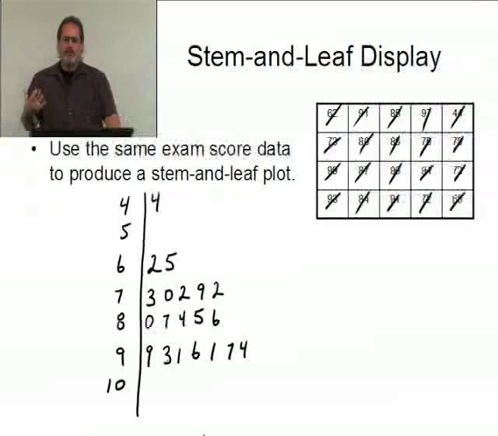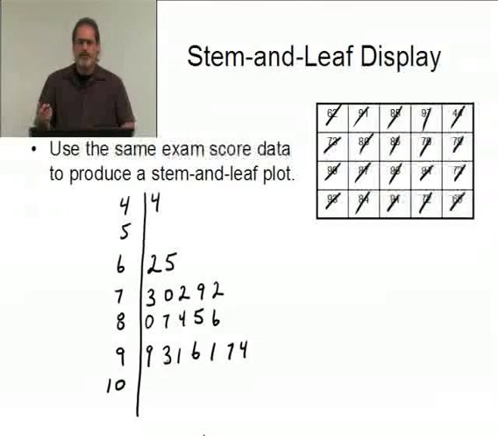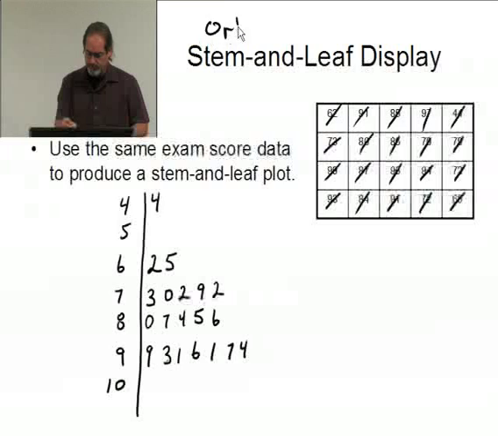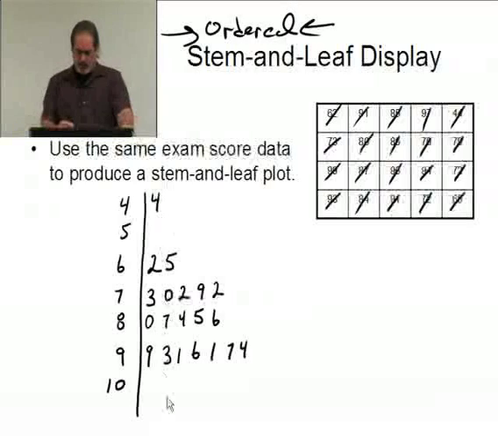Now, typically when we do a stem and leaf display, we normally do an ordered stem and leaf display. An ordered stem and leaf display means I'm going to order all these. Well, there's nothing to order in the 40s. 62, 65, that's good. But here's a problem. This should say 0, 2, 2, 3, 9.